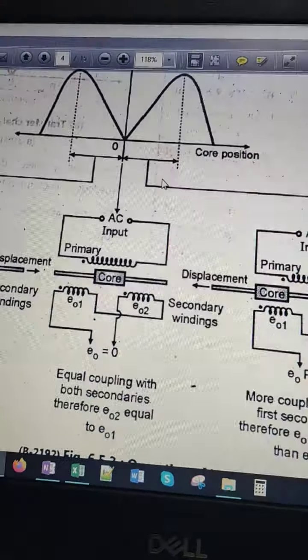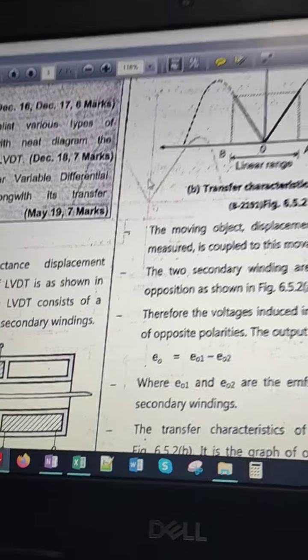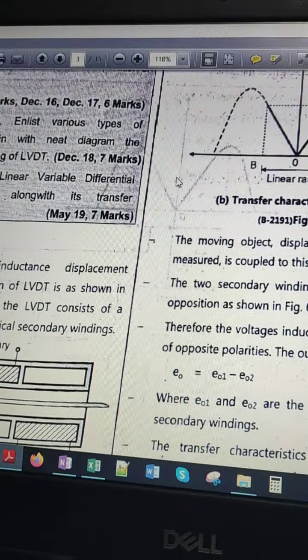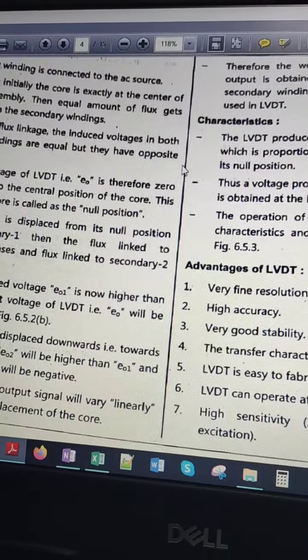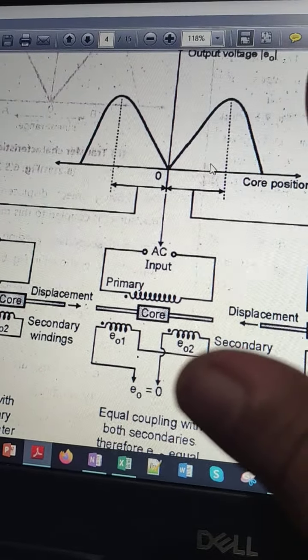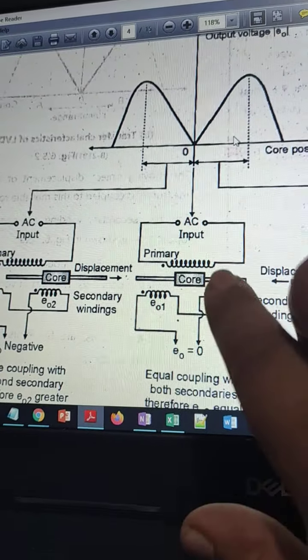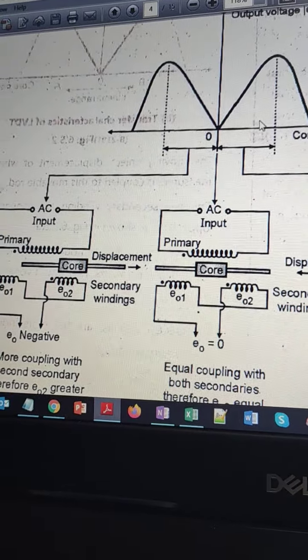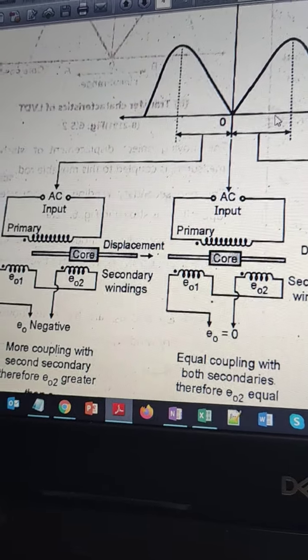In the exam, suppose the question is like this: explain LVDT. You have to draw this construction diagram, then this graph of characteristics, or maybe you can also explain that graph. From this graph you can say how LVDT works: at the 0 position, at the right side, at the left side, what output voltages we get.